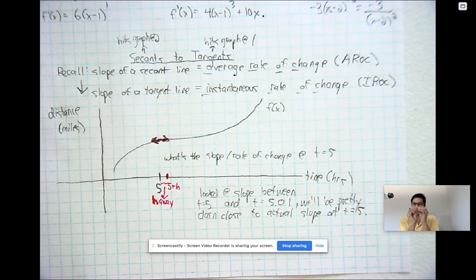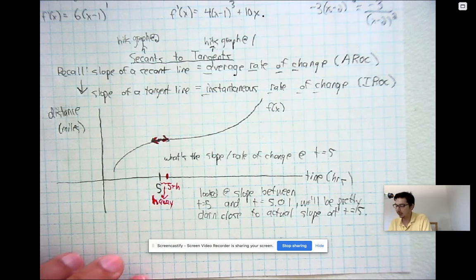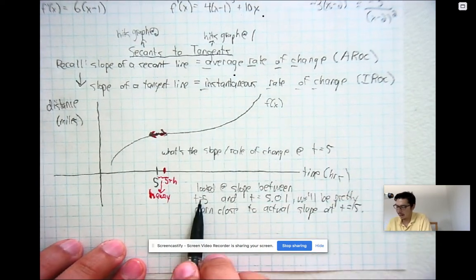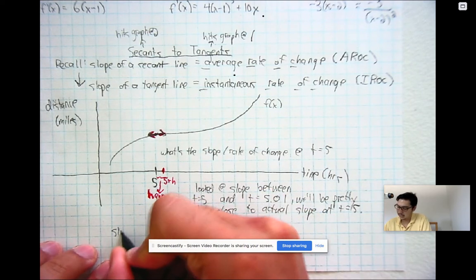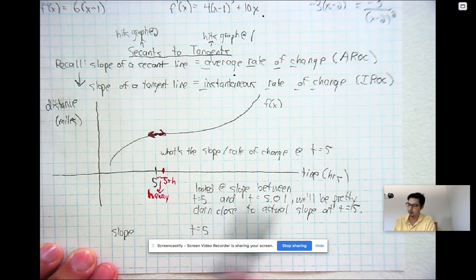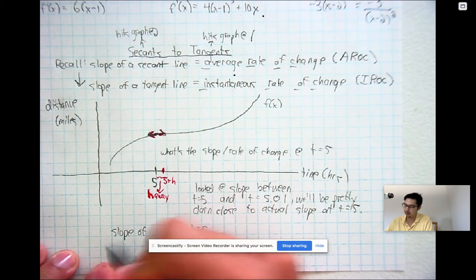Because if we pick a point just a little bit away and we find the slope between those 2 points, if we find the slope of that secant line, we'll be pretty close. In fact, how do we get closer is, what if instead of looking at 5 and 5.01, what if we tried to do the slope? And when I say slope, notice that it's between 2 points, so it's the slope of a secant line.